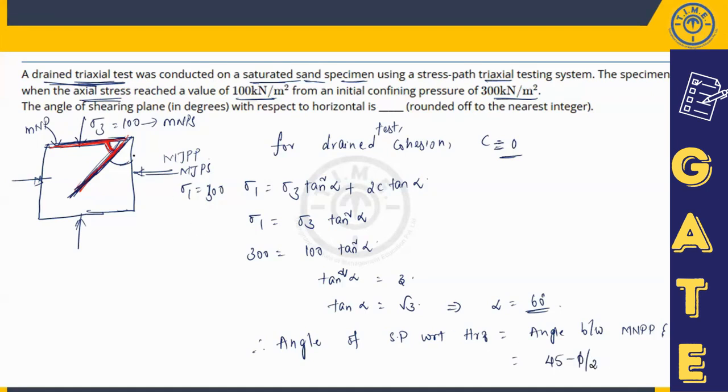And if it is with vertical, it will be 45 plus phi by 2.